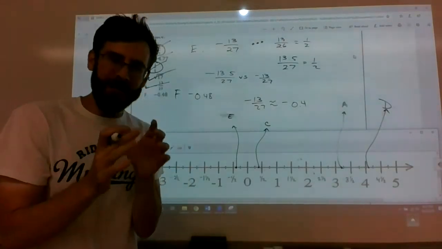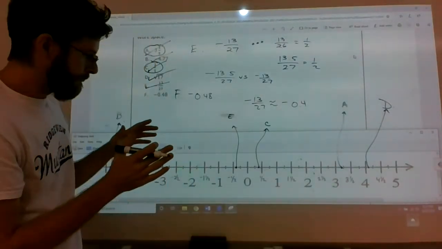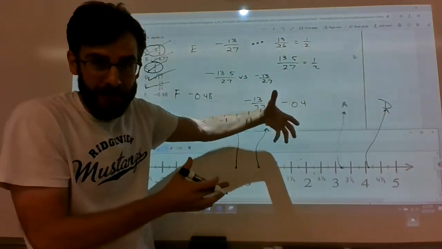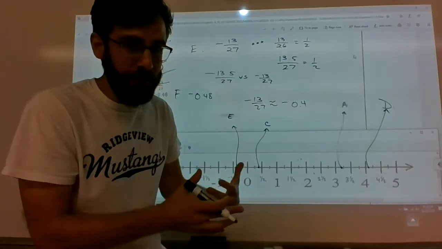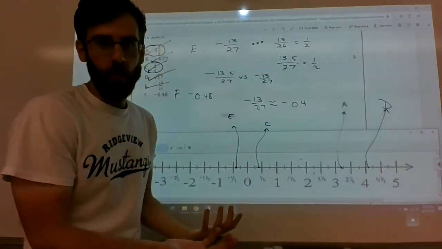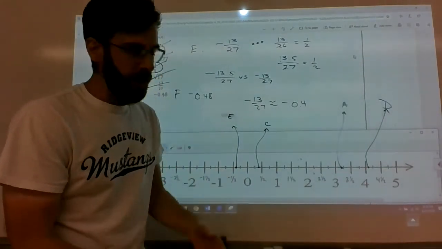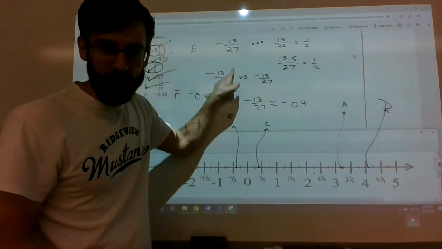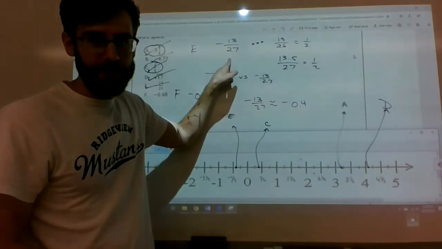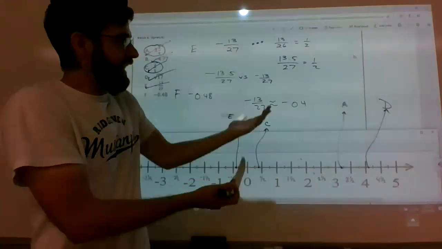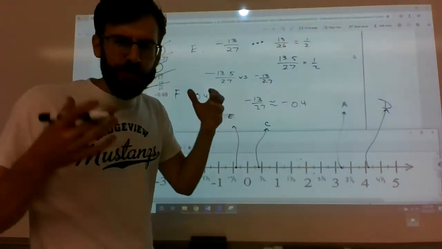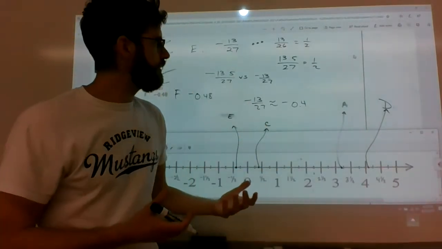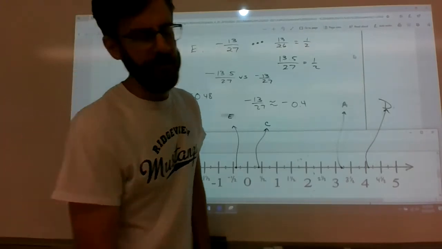So what we have to do now is we have to ask ourselves, we established that this number was negative 0.4, probably negative 0.48 or 0.49. We got to know for sure what's happening with that hundredths place when we divide right here. So ultimately, I love this logic, and really it should formulate through the brain quicker than the explanation that I gave you guys. But we got to do the division.